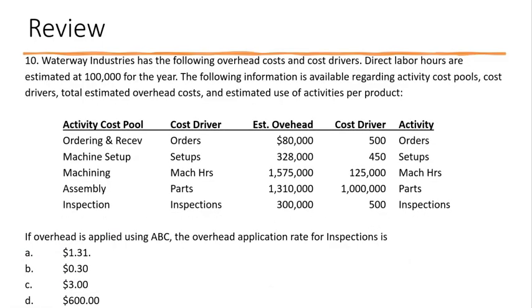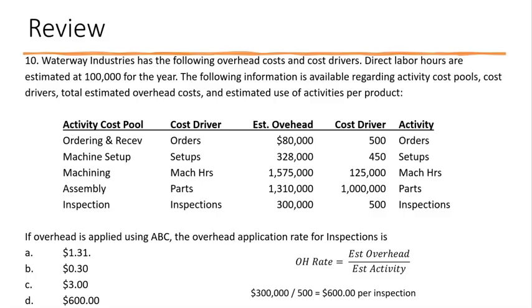Now if we use that same data but instead use ABC, we would calculate a rate for each cost pool, so we would have 5 rates. This question asks, what's the overhead application rate for inspection? So we're just going to look at the inspection cost pool. The cost driver is inspections, and we have $300,000 of estimated overhead. 500 is the number of inspections. We use the same formula: the rate equals estimated overhead divided by activity.